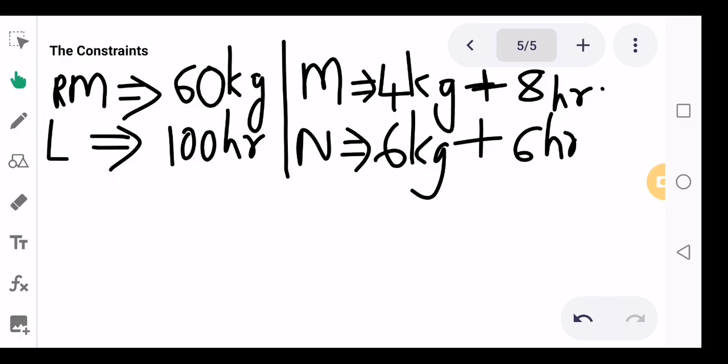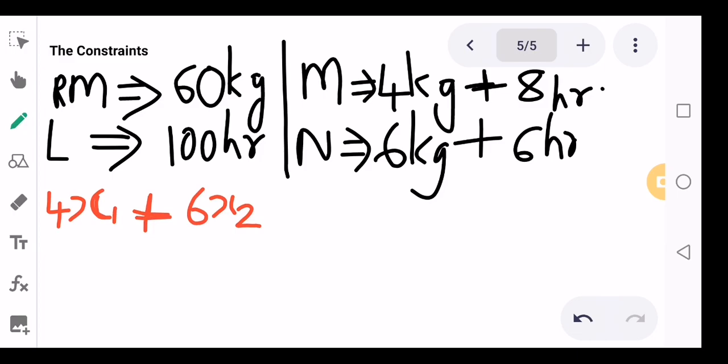Total raw material is 60 kg, and for product M it is 4 kg per unit, so 4 into x1, plus 6 kg for N. For N, raw material required per unit is 6 kg, and the number of units is x2, so 6 kg for x2 units.